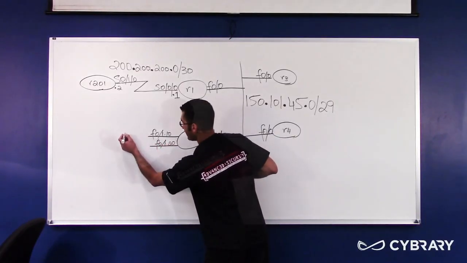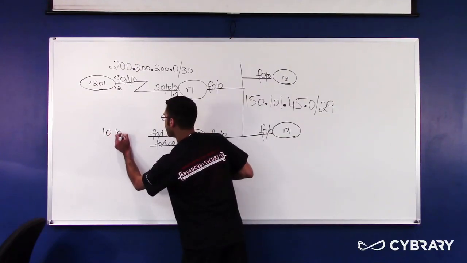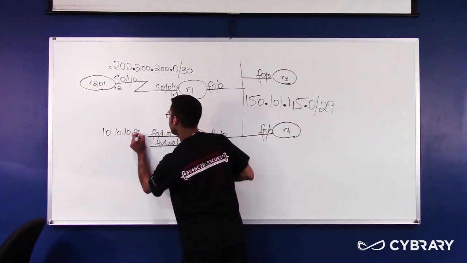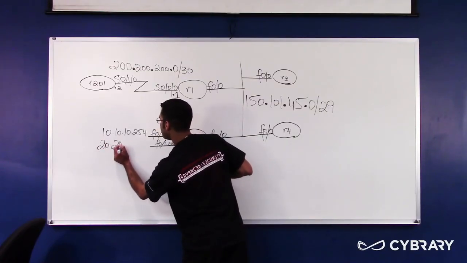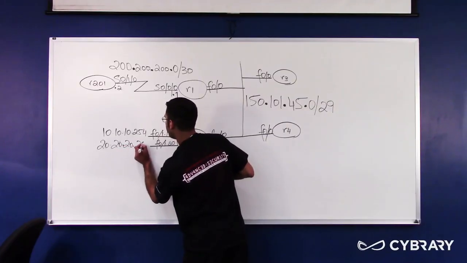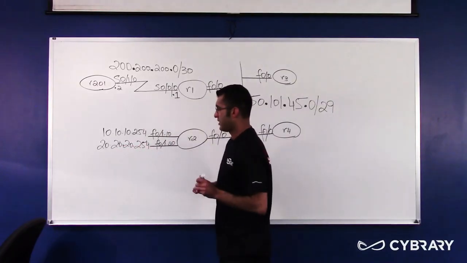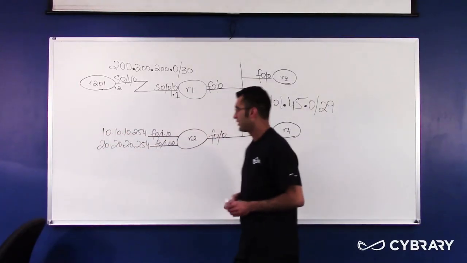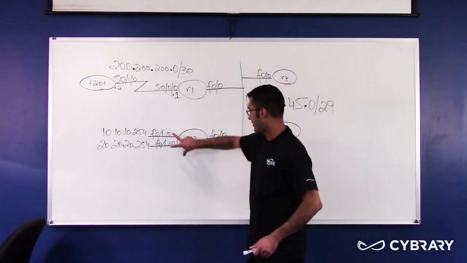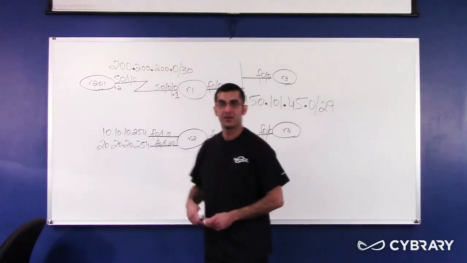And the address over here is 10.10.10.254, and the address here is 20.20.20.254. We're not going to worry about switch 8 that sits over here with the host. We're just going to worry about these two interfaces right here.